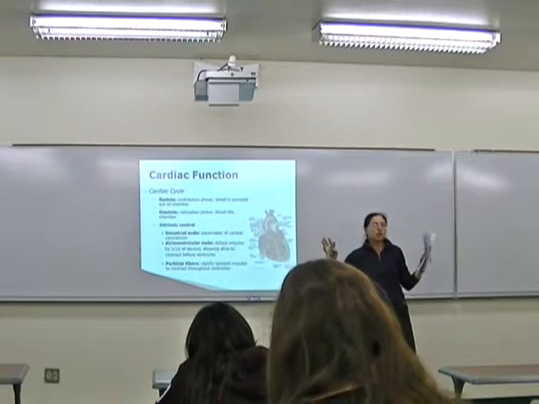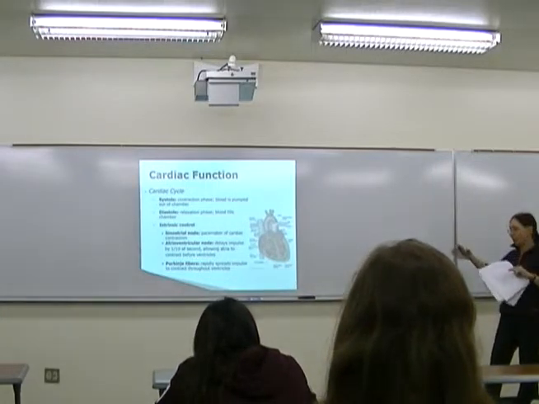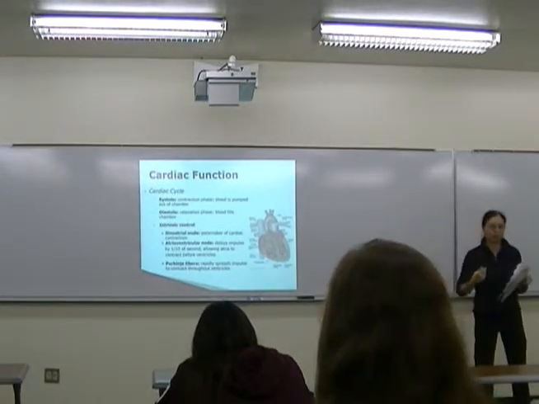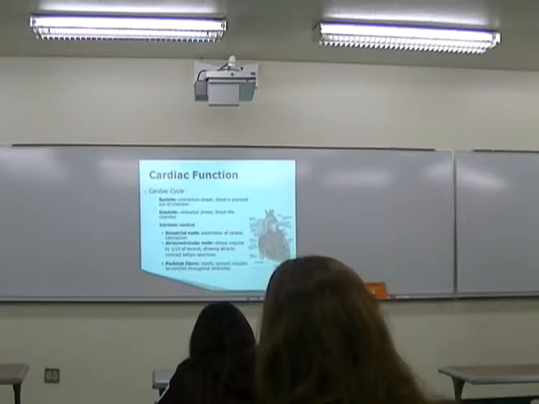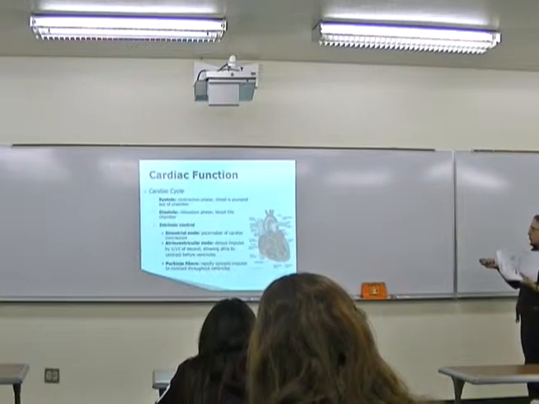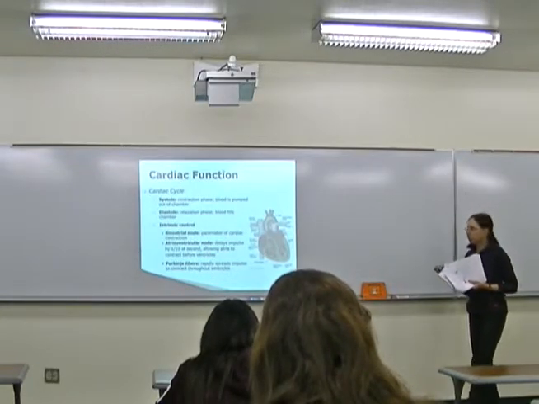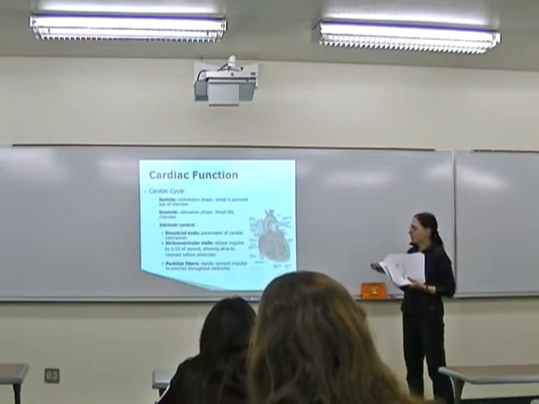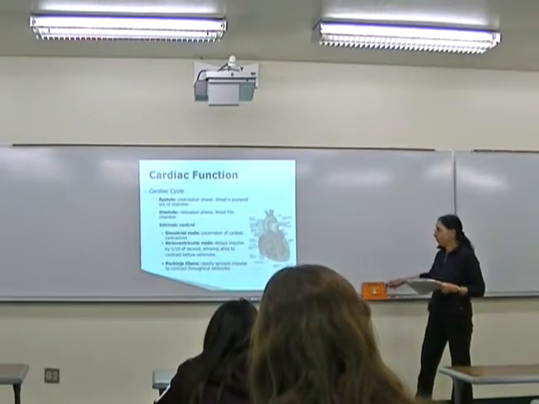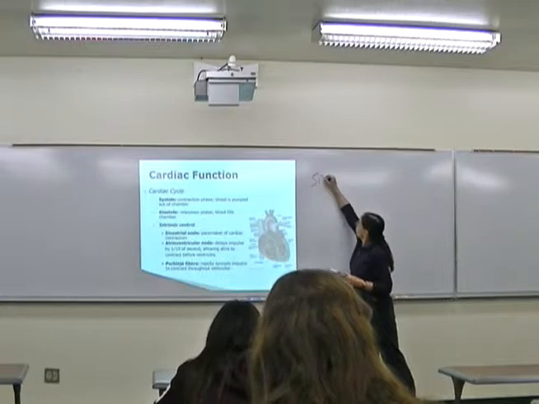We have two different controls, and we umbrella them as intrinsic or extrinsic control. The intrinsic control of my heartbeat is initiated by a special clump of cells that sit on the back wall of the right atrium, called the sinoatrial node. Very often, you're going to see that just as the SA node.